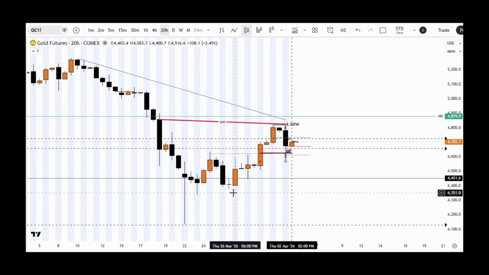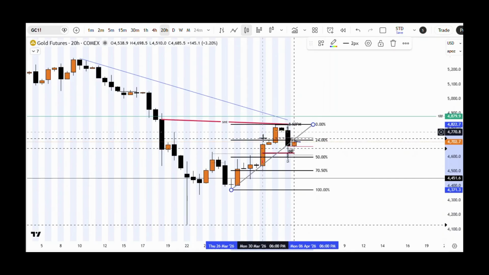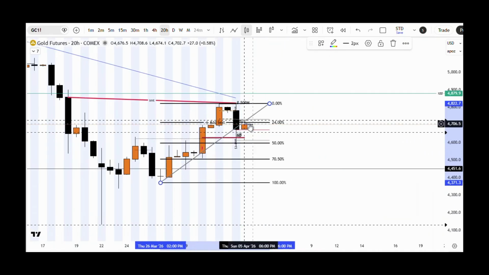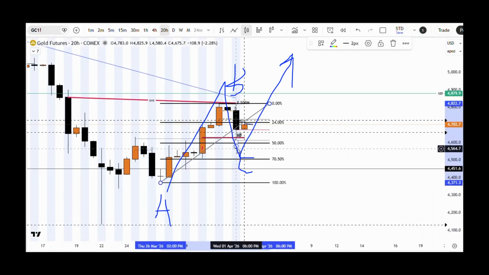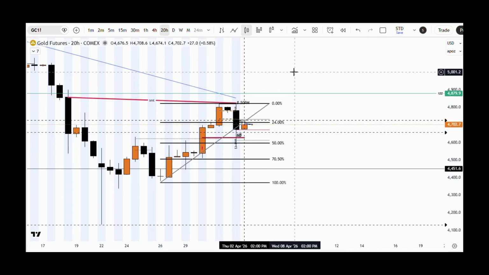This move from here to here, that's your directional move, right? That's your range one. What is this move coming down? That's your range two. That also is your A, B, C range. So at this point, you're hunting for what? Longs. So I'm just showing you that the model works both ways.